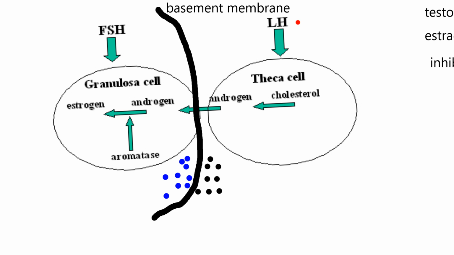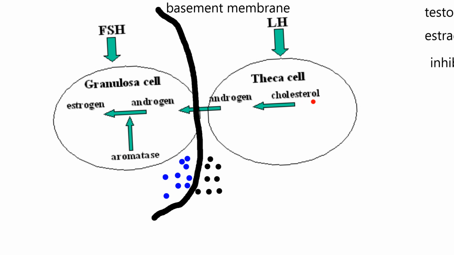LH from the anterior pituitary. Go to that lesson if you need a review, and in the next few minutes I'll spell that out for you. Anyway, LH, a protein hormone from the anterior pituitary, comes in the blood. One of its target tissues is the theca cells. Those cells take cholesterol.